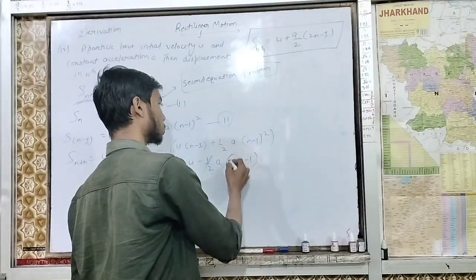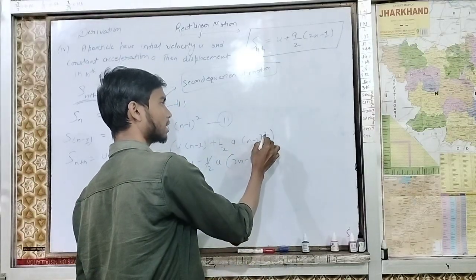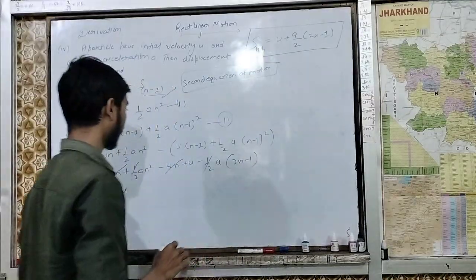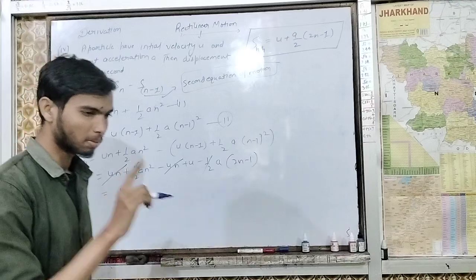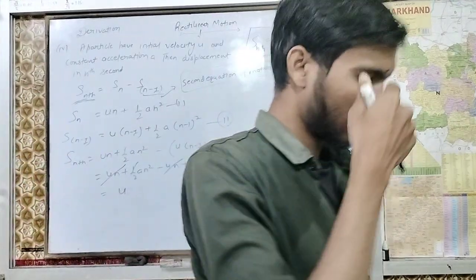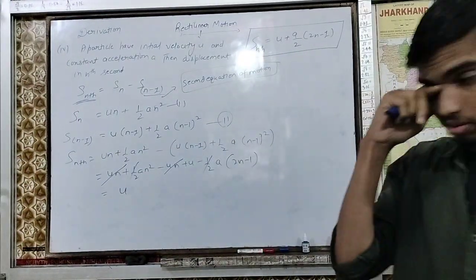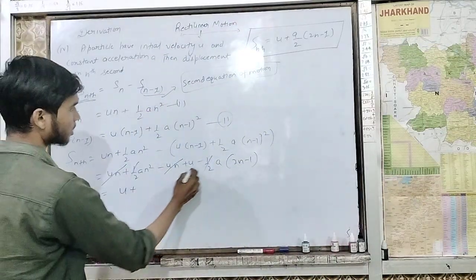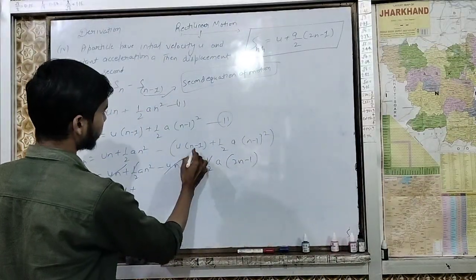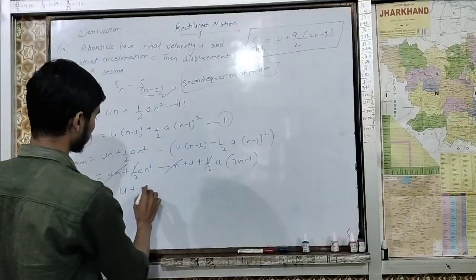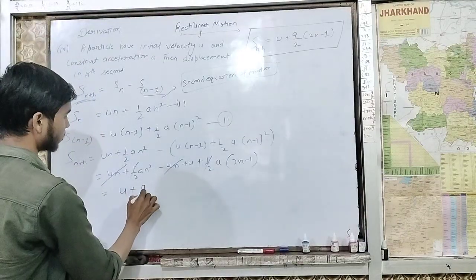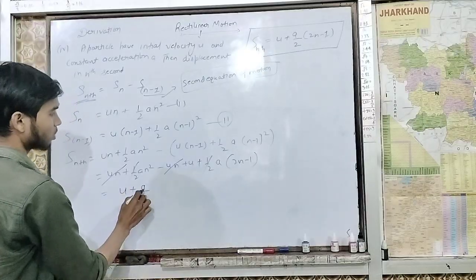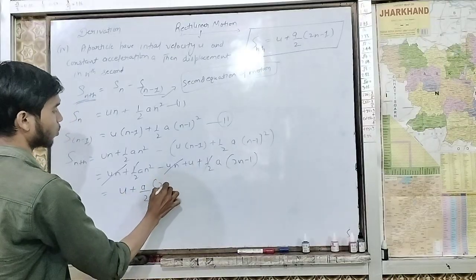If it was 3 minus 1, then 3 would be downward. I don't know the name of that rule. So u plus, minus will become plus, so u plus half a upon 2, a will be as it is, and 2n minus 1.